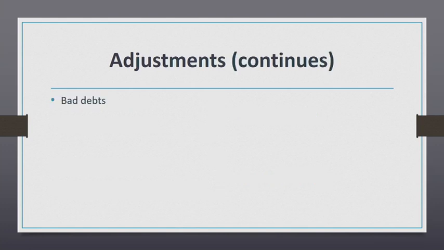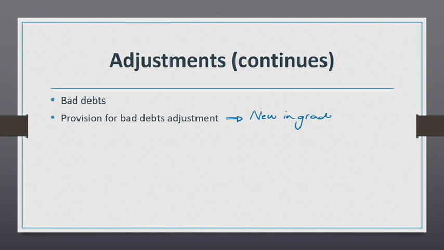More adjustments that we've done, you must be able to write off bad debts, and then provision for bad debts adjustment. This is a new one in grade 11. So in grade 11, we teach you how to adjust the provision for bad debts, because we know that a certain percentage of our debtors will not pay, so we provide for that.